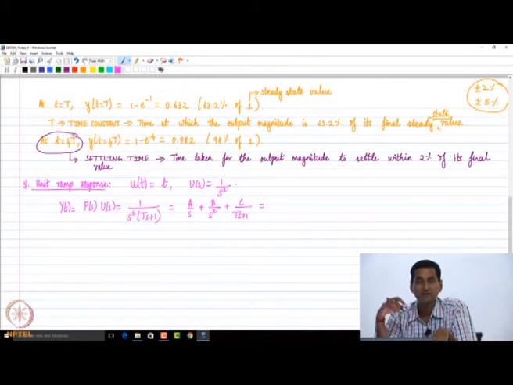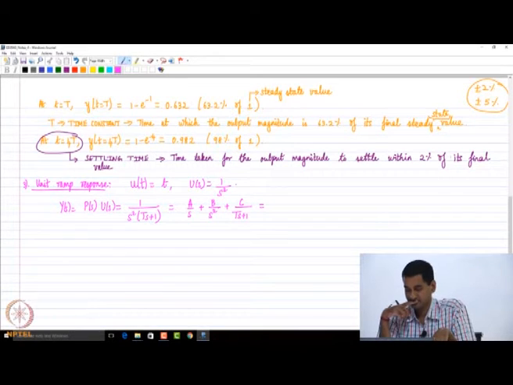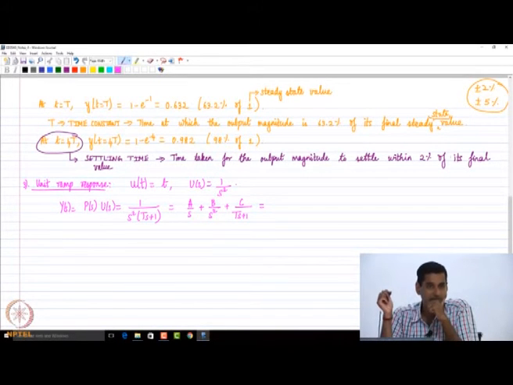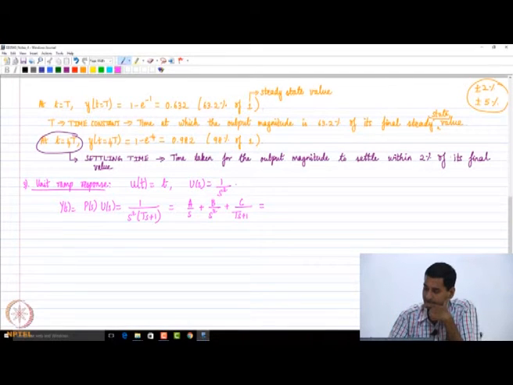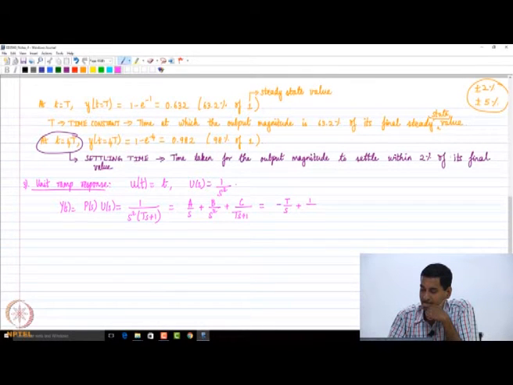And what can you calculate? So what are the values of A, B and C? A equals minus T, B is 1, C is plus T squared or minus T squared?